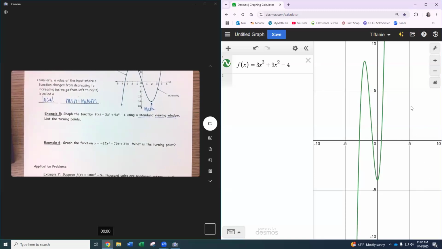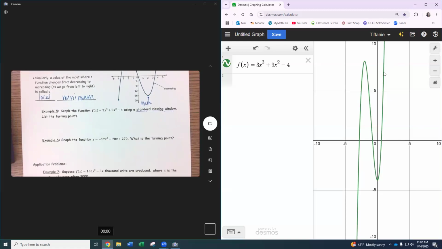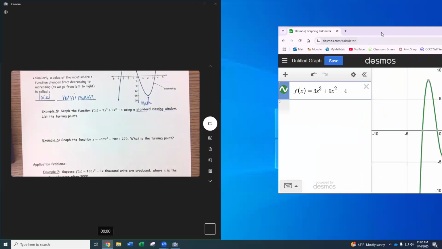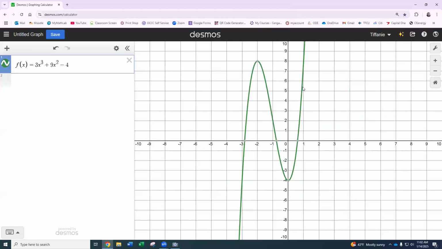So to get to those points, if I click anywhere on this graph, and let me make this one bigger now. If I click anywhere on this graph, there's a couple points that are going to go gray. You can see points here, and points here.